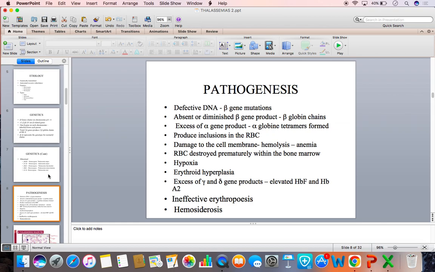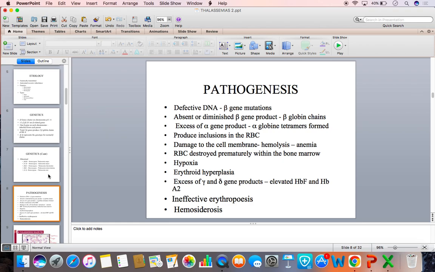And as a result of continued destruction of the RBC within the bone marrow, there is a dramatic fall in the hemoglobin concentration. Hemoglobin is responsible for carrying the oxygen to the tissues.